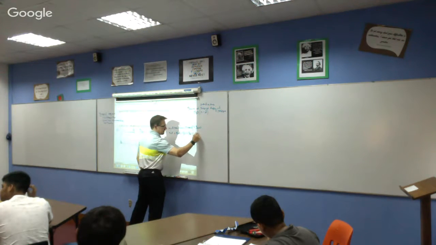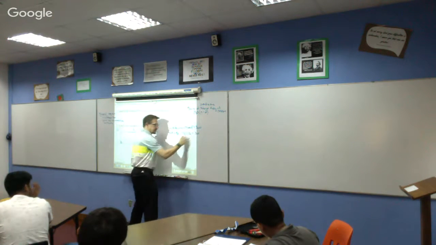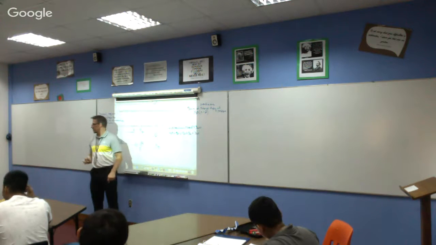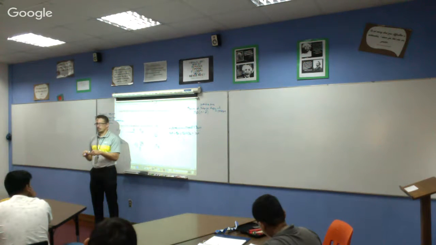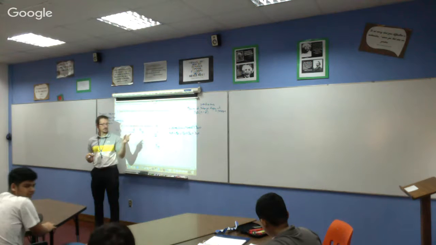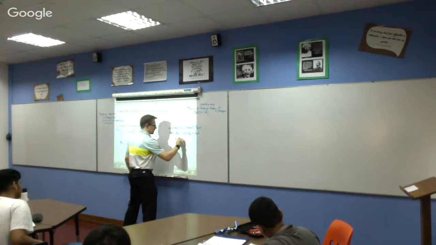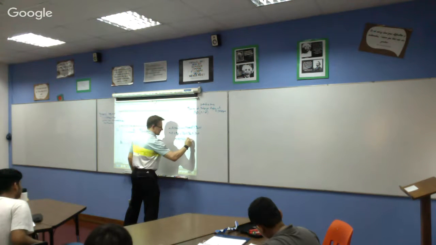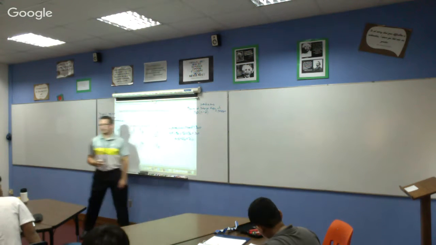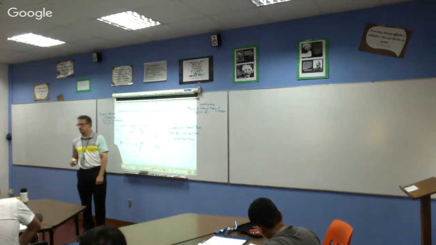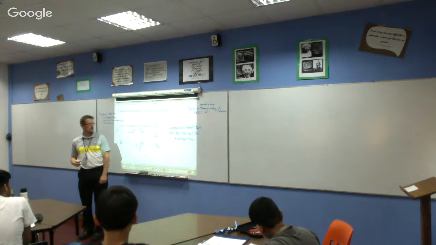36 equals 360. Well, 90 and 90 and 36. 90 and 90 is what? 180. 180 plus 36, 216. Measure of angle N plus 216 is equal to 360. Now what? Subtract what? And get it.